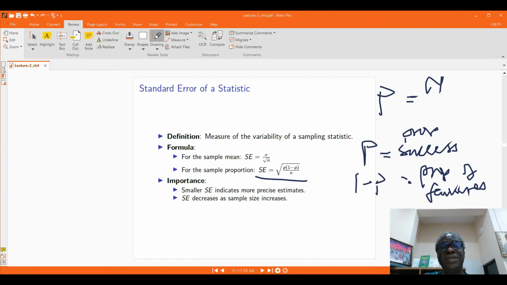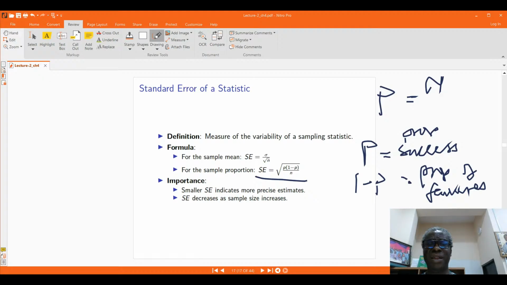That gives you the standard error for the proportion. So the first one there is the standard error for the mean, and the second is the standard error for proportion. Don't forget. If we are dealing with quantitative variables, we can compute the mean. If we are dealing with categorical variables, then you can obtain proportion from there.